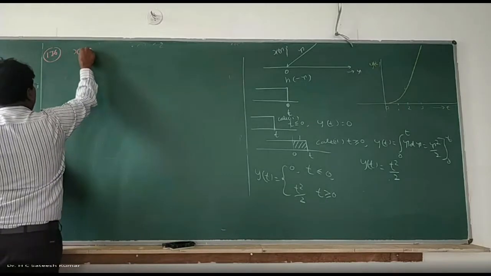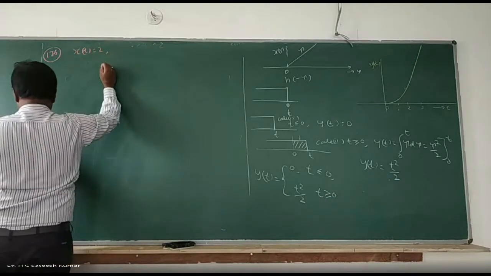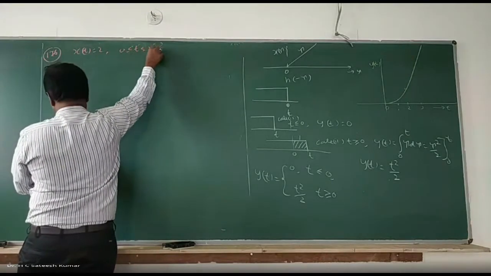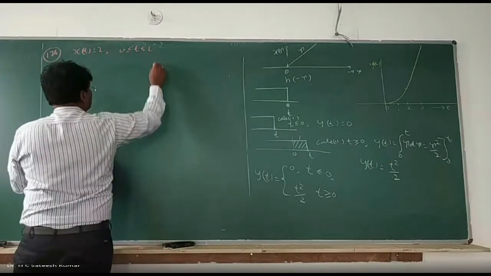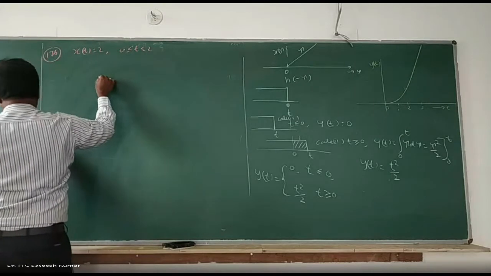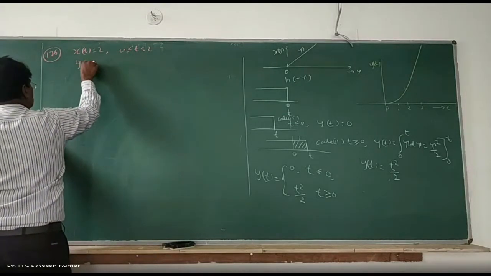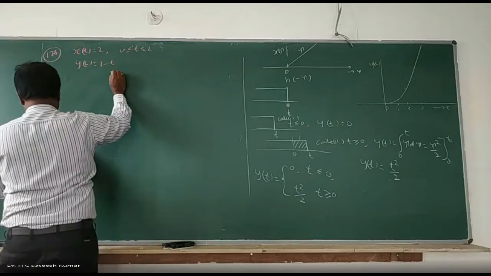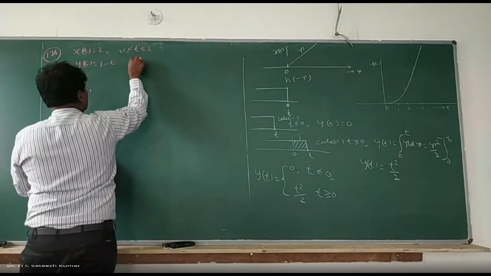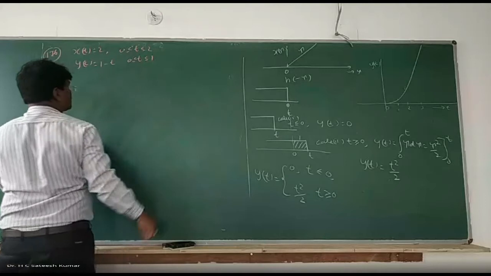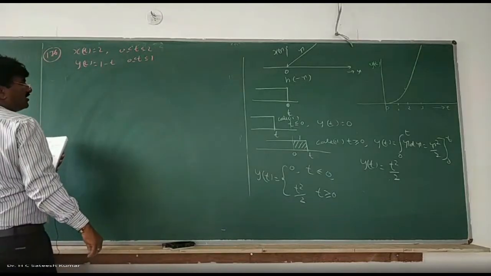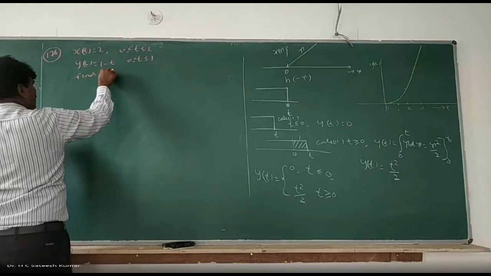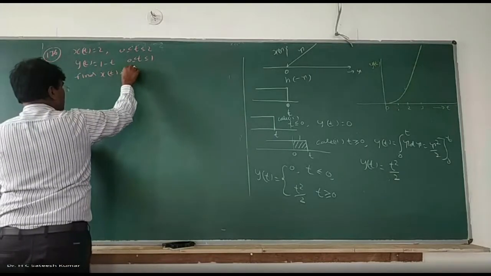Given x of t is equal to 2 for t lies between 0 to 2, and y of t is equal to 1 minus t for t lies between 0 and 1. Find x of t convolution with y of t.